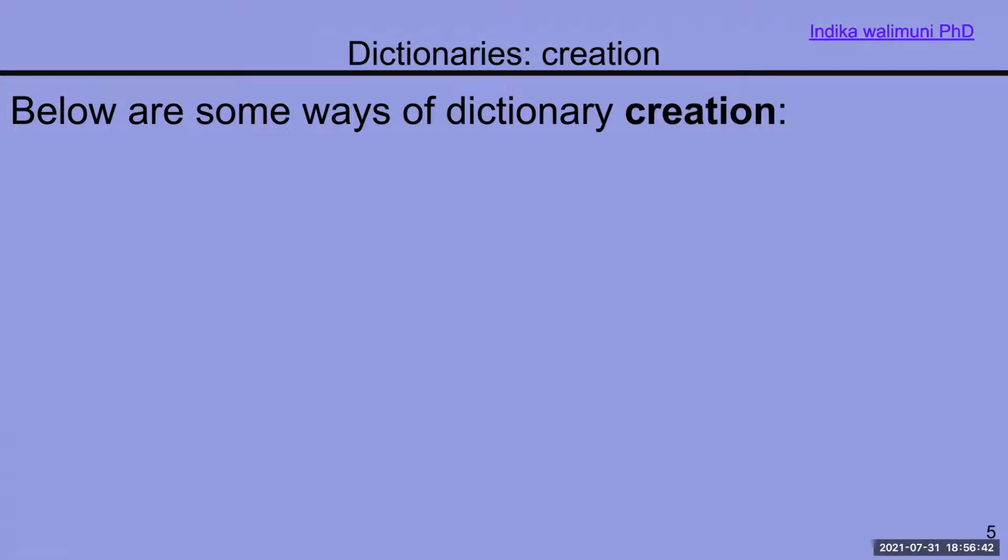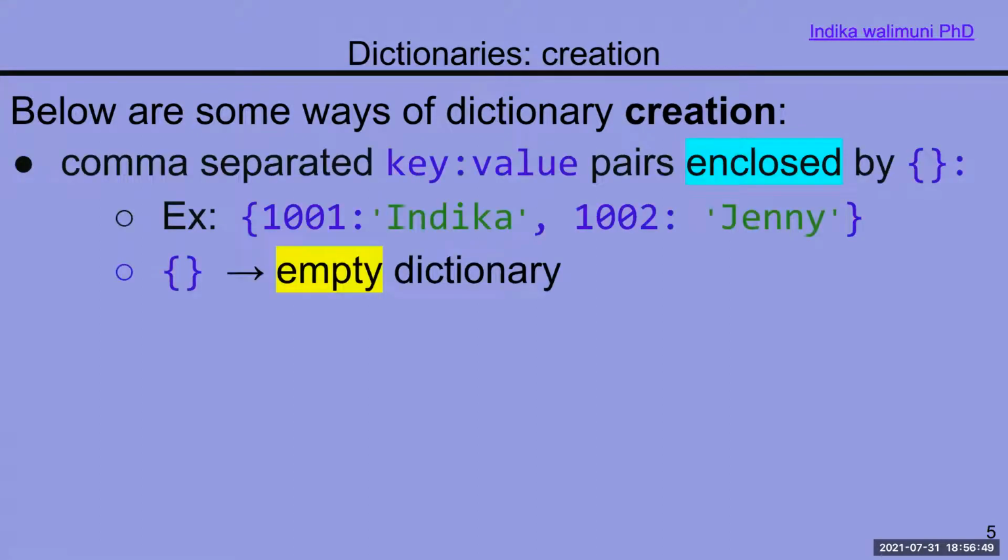All right, so let's learn how to create dictionaries. We can simply create a dictionary literal by enclosing comma separated key value pairs in curly brackets. For example, I'm creating this simple dictionary. The values are first names, in this case Indika and Jenny, and these two integers are the keys.